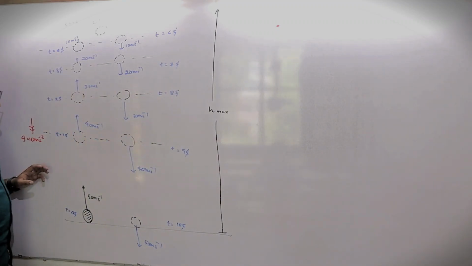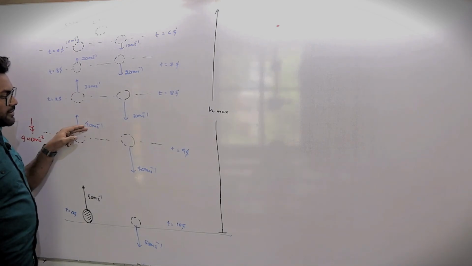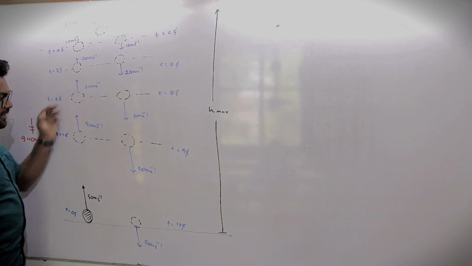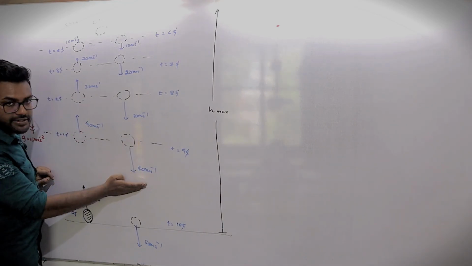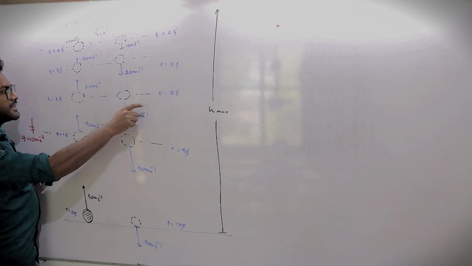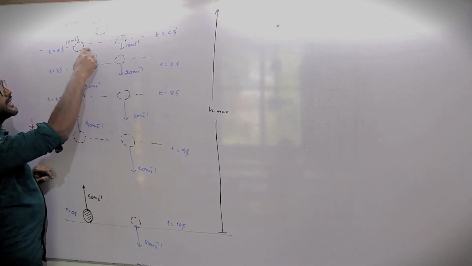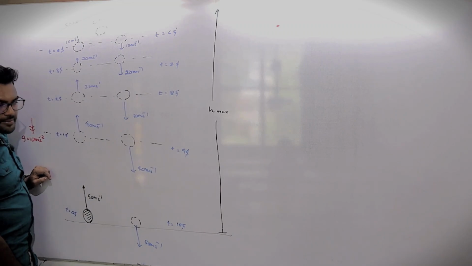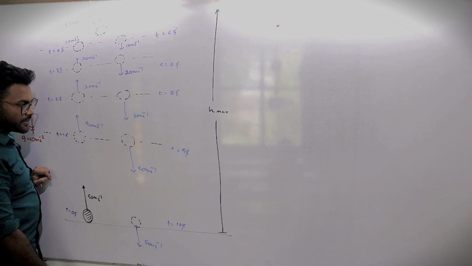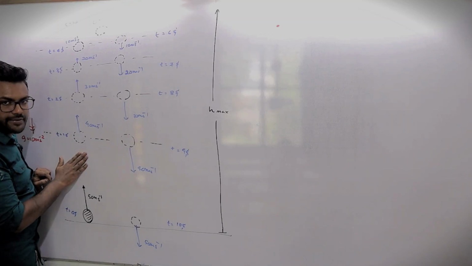Next one, guys. What can you say about these values? When it's ascending up, it's 40. Descending back, also at the same level, it is 40. Here in this level, 30 and 30. What can you say? 20, 20, 10, 10. They are equal, right? So we can say the velocities are equal.